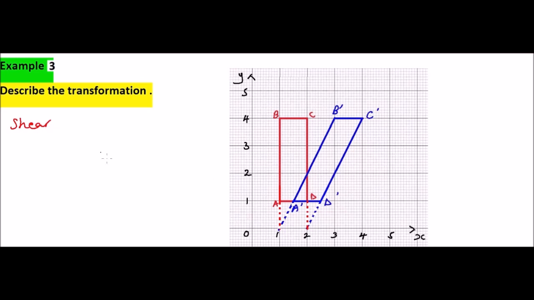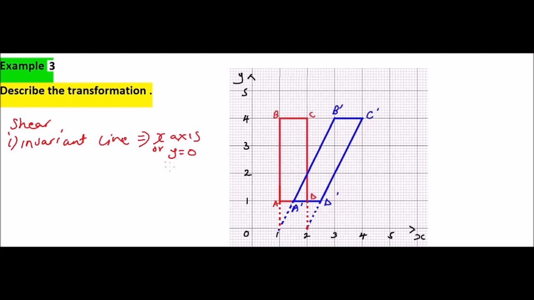The invariant line is actually the x-axis, or y equals 0.